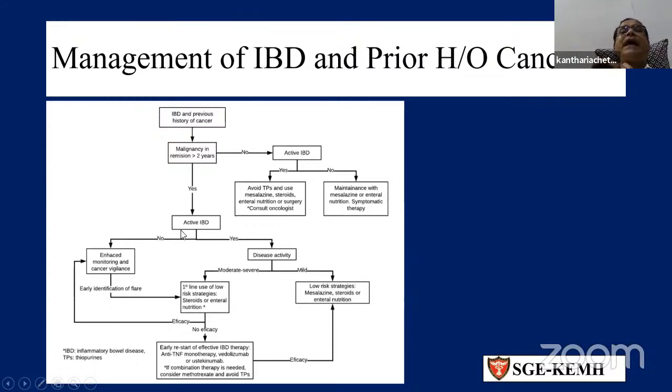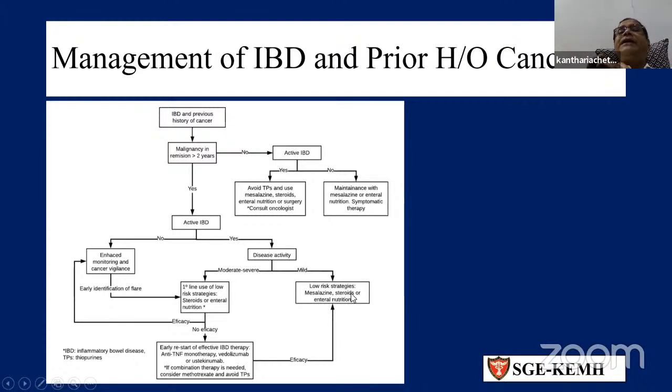and if the patient has active IBD, then depending upon the disease activity, if it is moderate, you use steroids. If it is not effective, then you can use vedolizumab or anti-TNF or etrasimod. However, it is important that you avoid thiopurines and immunosuppressants.